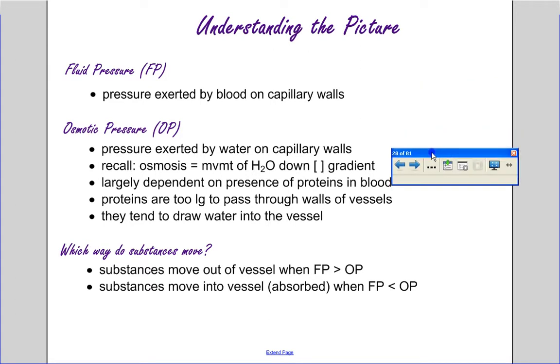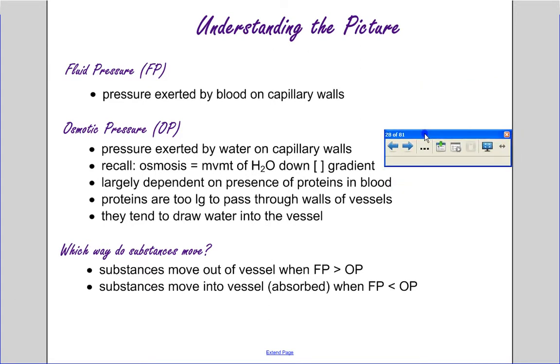Osmotic pressure, remember we talked about osmosis? Osmosis is the movement of water. So osmotic pressure is pressure exerted by water on the capillary walls. It's usually trying to push inward into the capillaries.